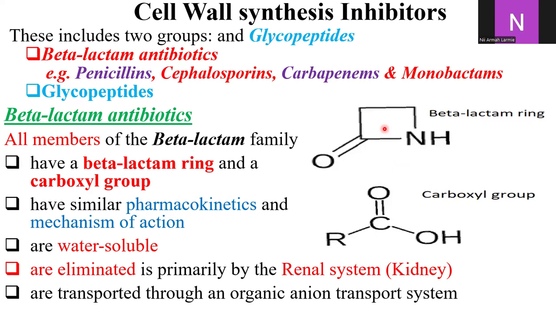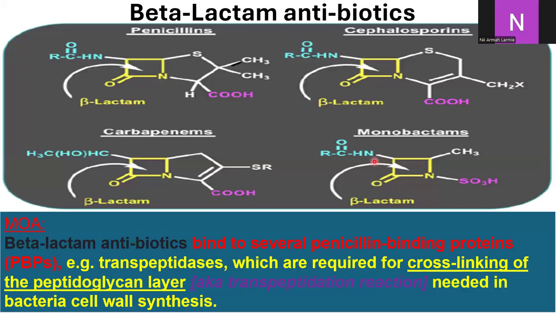Now, we said that the beta-lactam ring gives these antibiotics the ability to interfere with cell wall synthesis. So how do they do it? There are various proteins or enzymes which bacteria use to create the cell wall. These enzymes are known as transpeptidases.